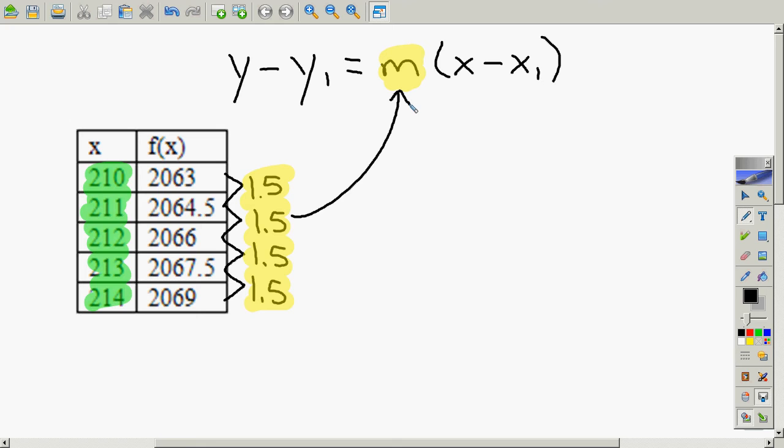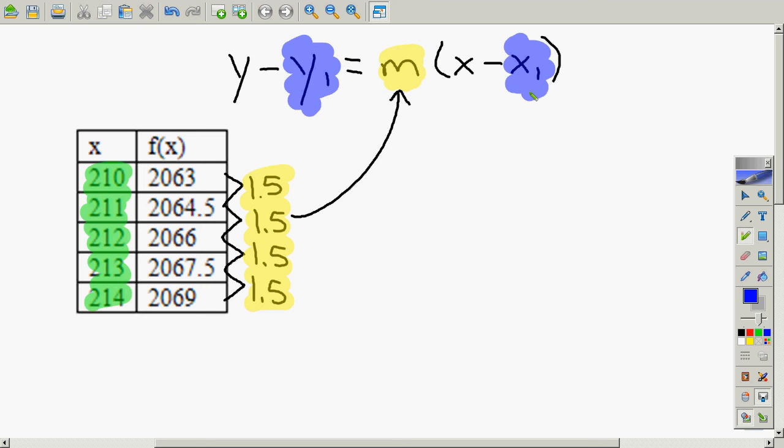Then we have a couple other things here that we want to fill in. We have the y1 and the x1, and that's where this is a little different. Previously, maybe you'd work this table back to 0 to get the 0, but you really don't have to do that. Instead, you can pick any point you want.